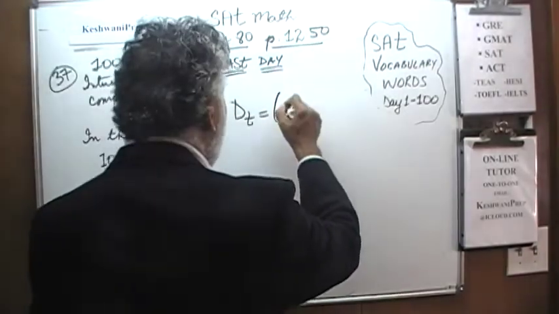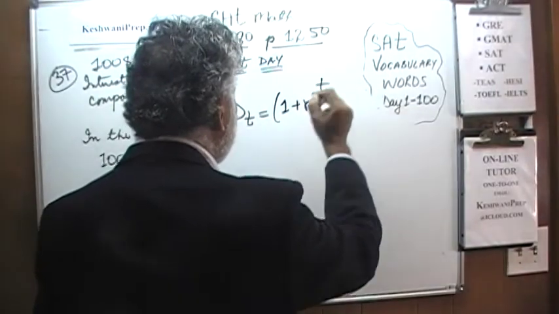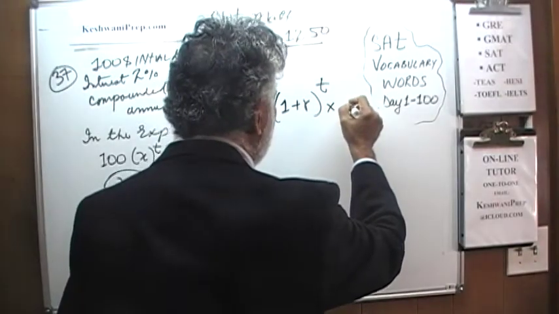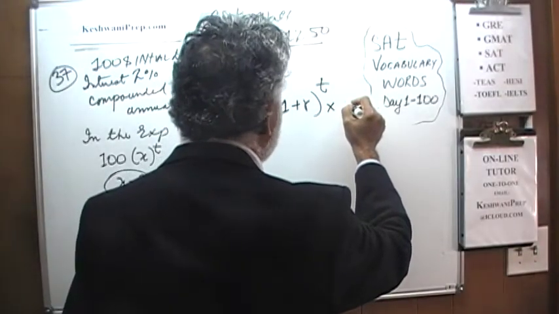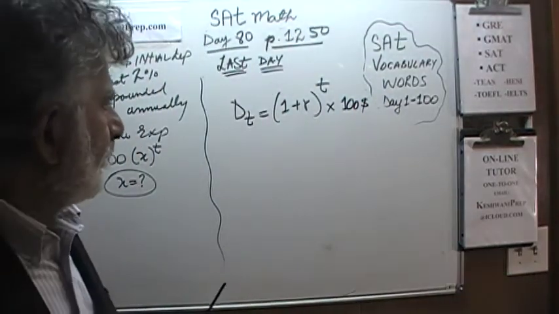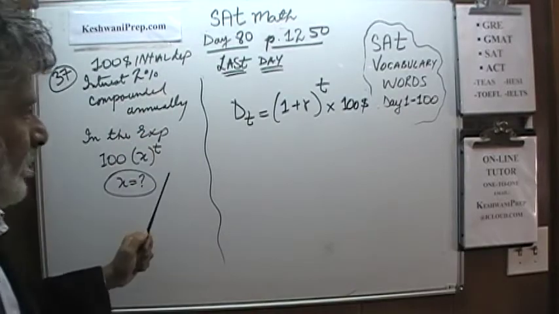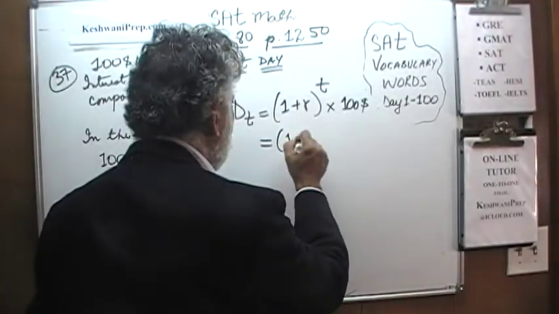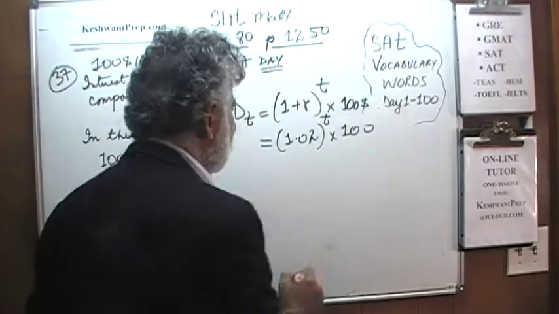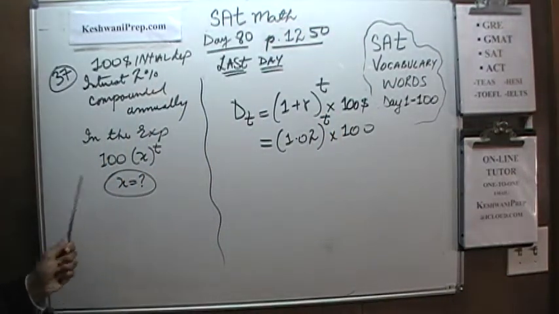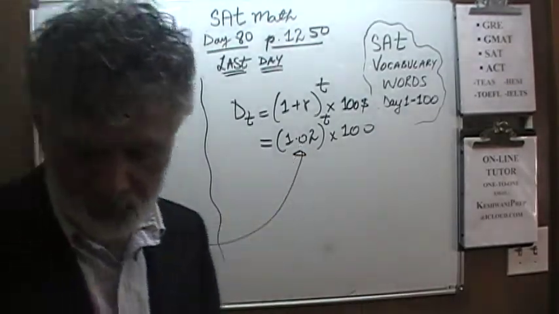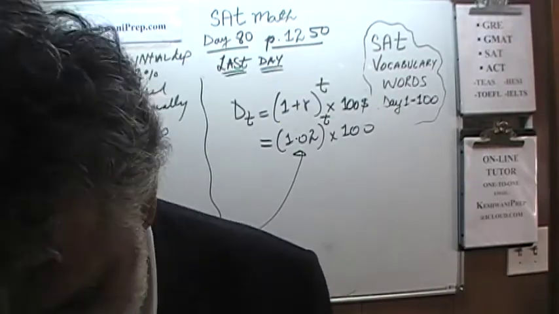It is simply 1 plus R raised to T, times the initial deposit. Let's just call it $100 here. The initial deposit was $100, and R here is 2%, so it's simply 1.02 raised to T times 100. There you go. So what does X represent? X represents this value. X is equal to 1.02. Why 1.02? Because it is 2%.